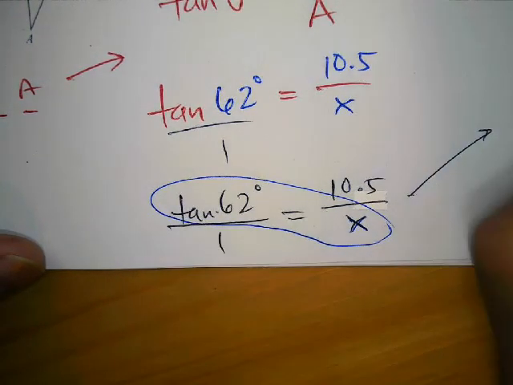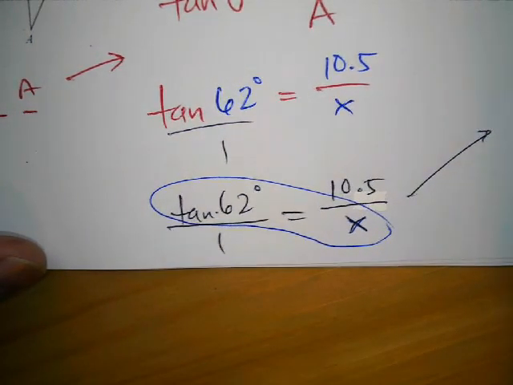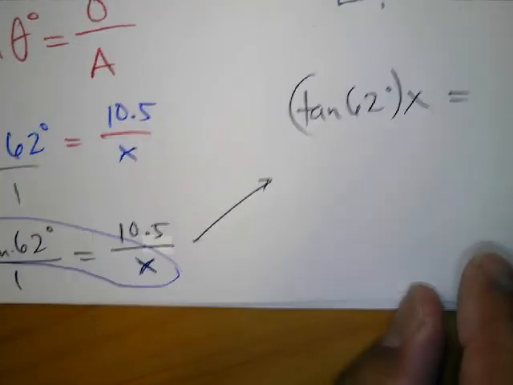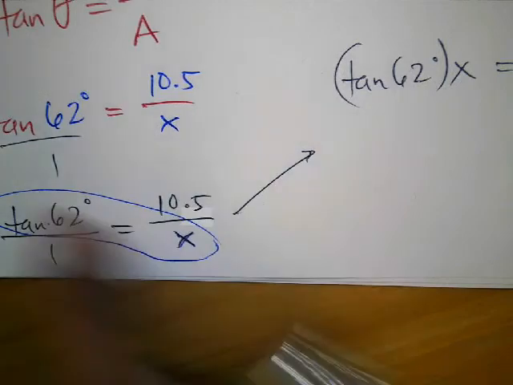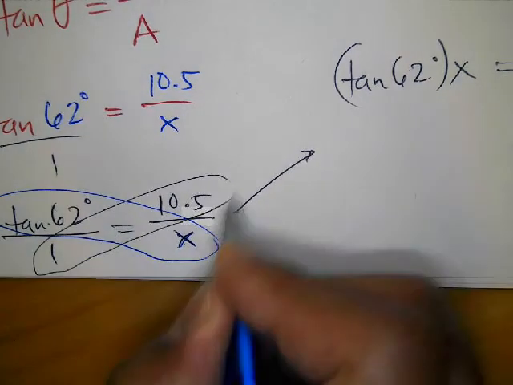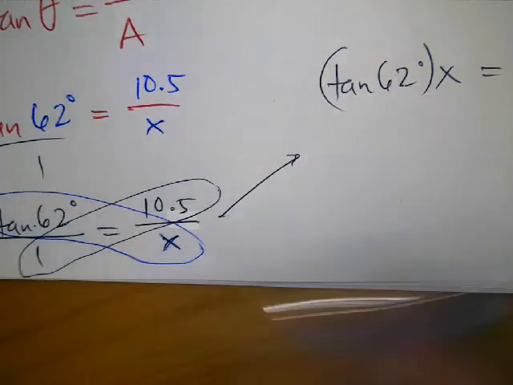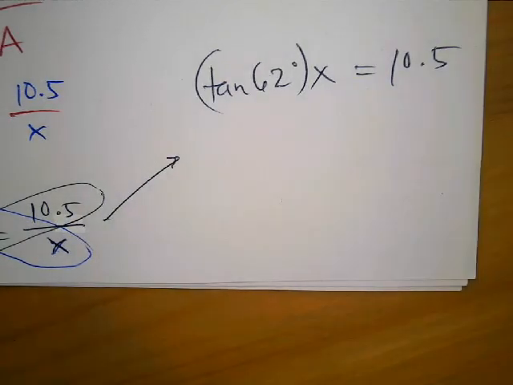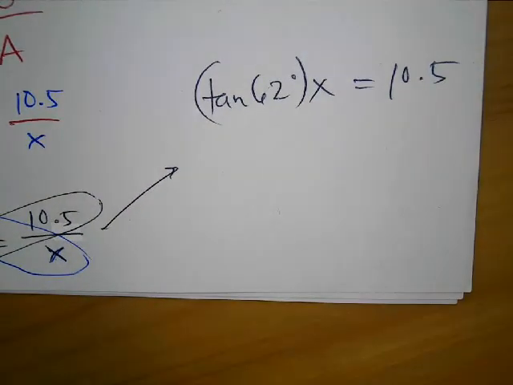I start with the variable there, so the number is tangent of 62 times x is equal to, cross multiply here these two, and then the other side is, well, 10.5 times 1 is just 10.5.